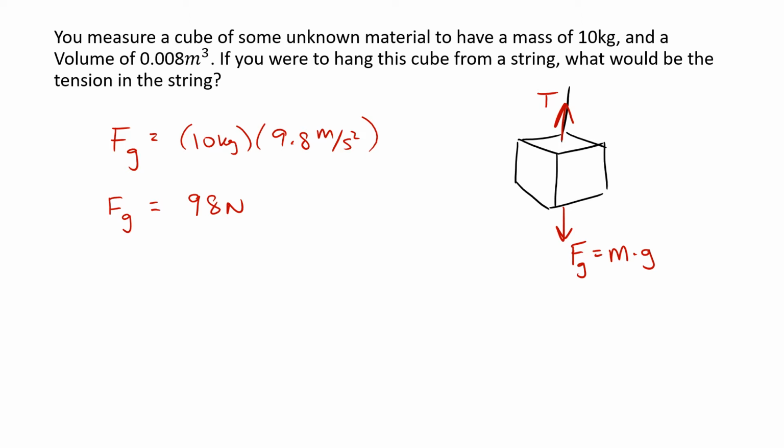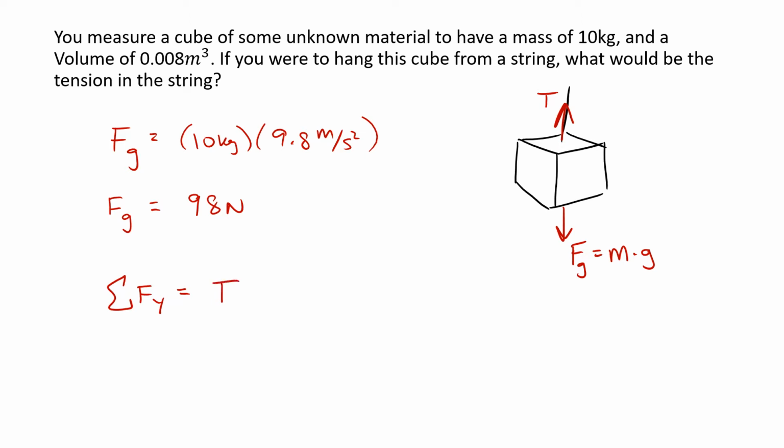So that's this object's weight while it's in air. And the problem stops there. It doesn't describe it moving at any point, so I'm assuming this is something that is just hanging there. That means that if I sum all of the vertical forces, it comes back to this same dance. We have a positive force going up.